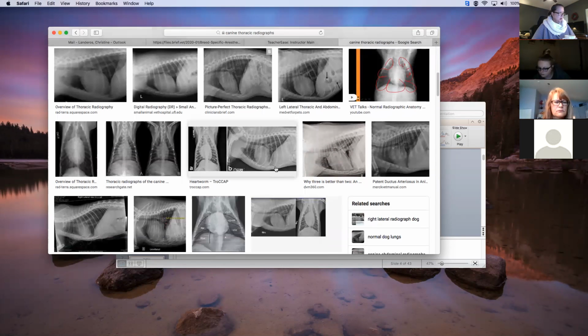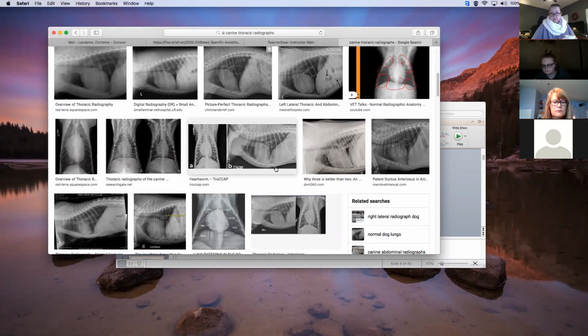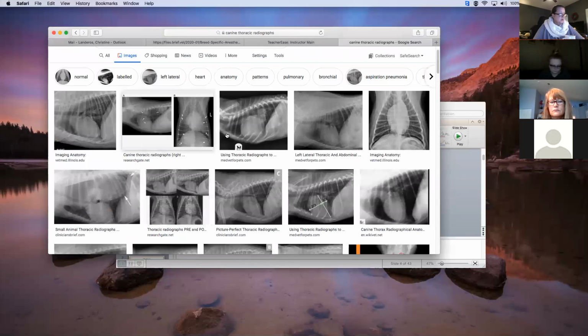I will tell you, when we take a chest x-ray of a dog we suspect has heart disease, they're fainting, they're coughing, they're tired at home, we hear a murmur, we don't feel good pulses. When you take an x-ray, it's not going to completely diagnose what the actual heart issue is, but it's indicative of heart disease. If I go back to this heart, in the large heart, it could be cardiomyopathy.